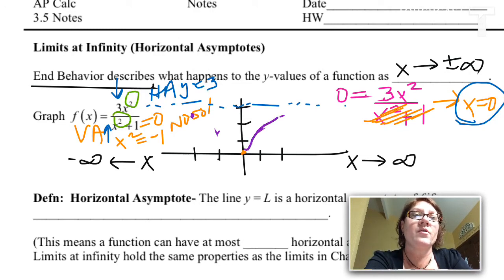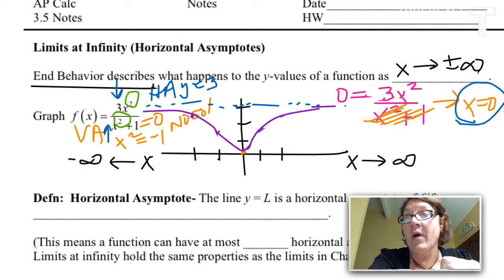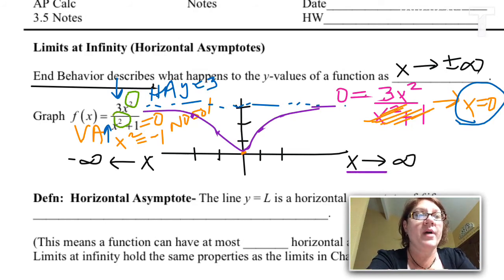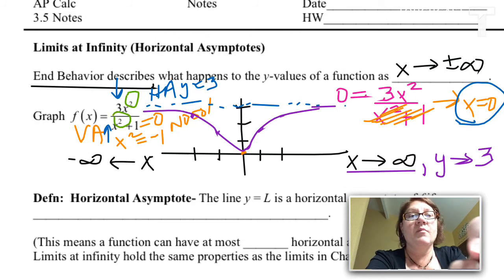And so what it's doing is approaching that horizontal asymptote from the bottom. So in this particular case, as x approaches positive infinity, then y is approaching 3. And same thing over here, as x is approaching negative infinity, y is approaching 3.